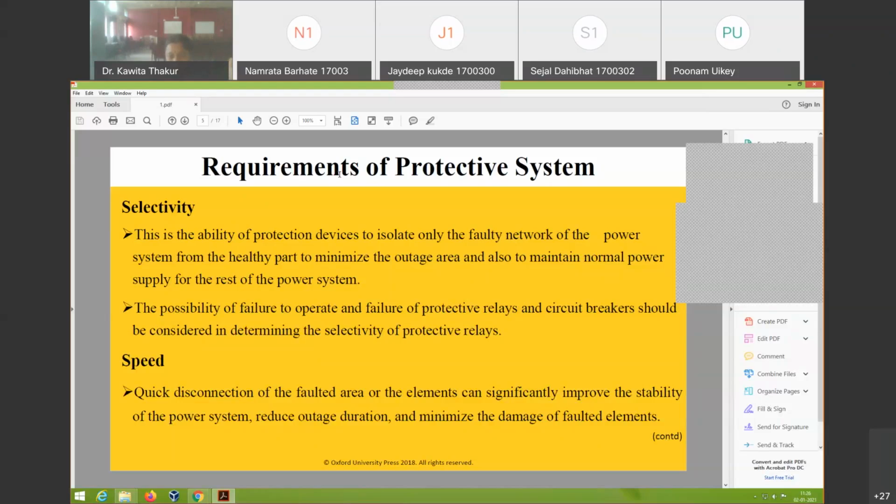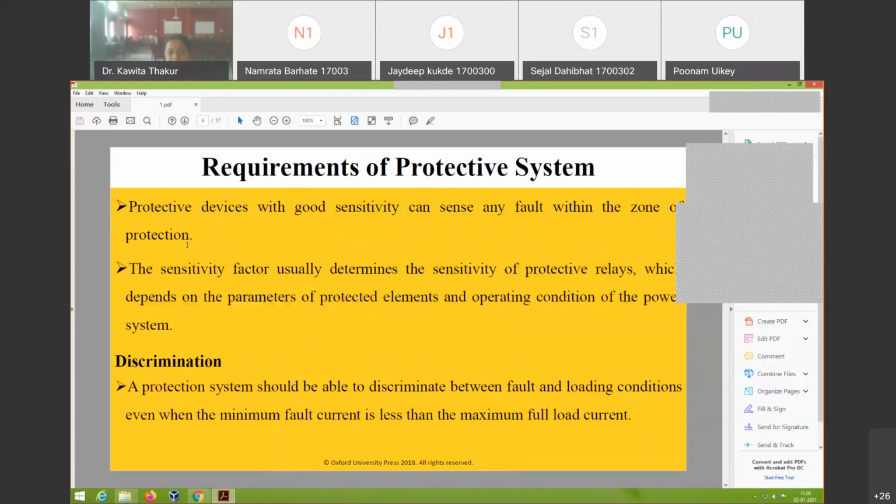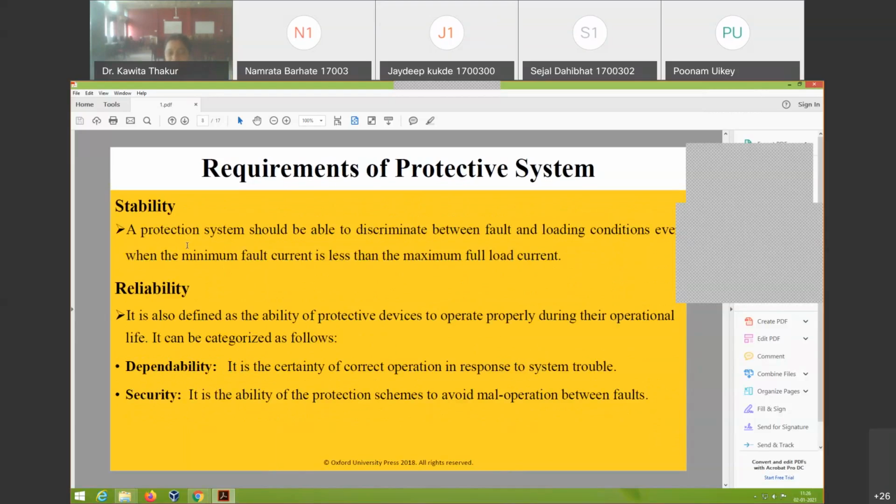What characteristics do we require in the relay? Sensitivity, selectivity, speed, discrimination, stability, reliability, dependability, and security. These are the different requirements of a protection system that we have studied.